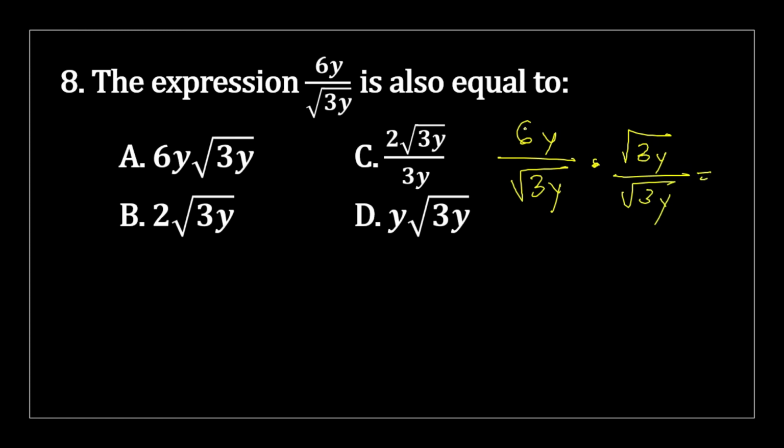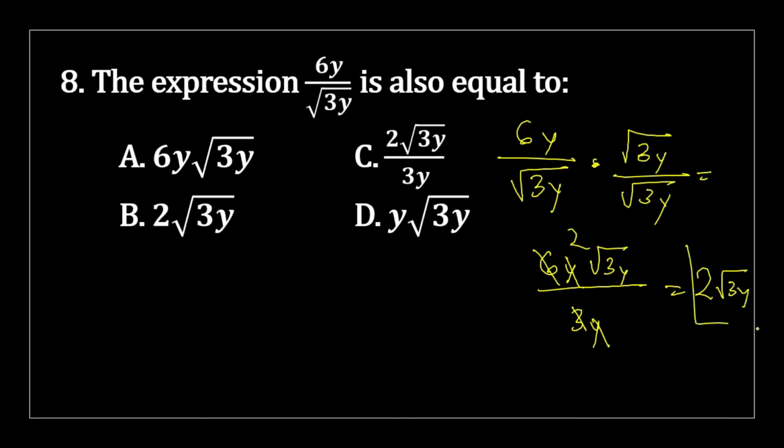So 6y times root 3y is 6y root 3y. Then root 3y times root 3y is equal to 3y. Now let's divide y and y, and 6 divided by 3 is 2. So we have the answer 2 root 3y. So that is letter B.